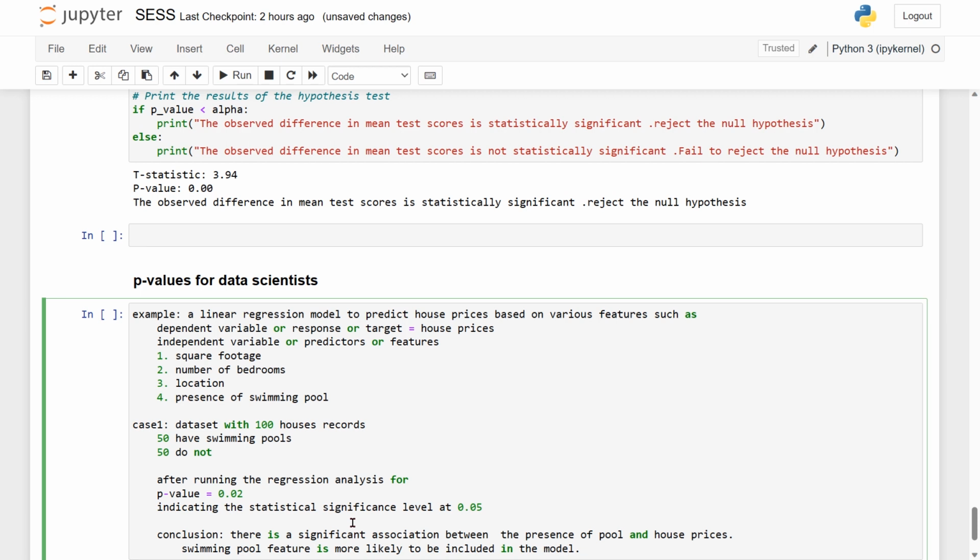That's where the p-value is used by the data scientist.